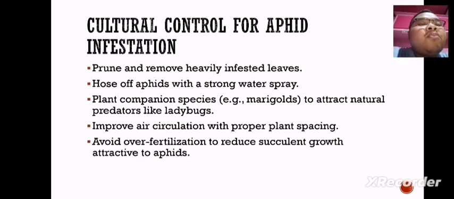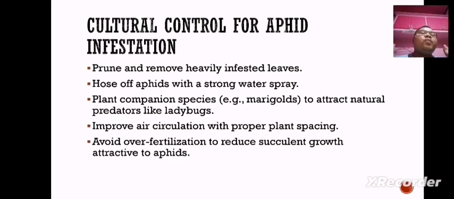Okay, plant companion species such as marigolds to attract natural predators like ladybugs. So mga marigold pala na ito is ito yung lugar or talagang ideal environment sa mga ladybug na nagpe-prevent ng aphid infestation. Improve air circulation with proper plant spacing.